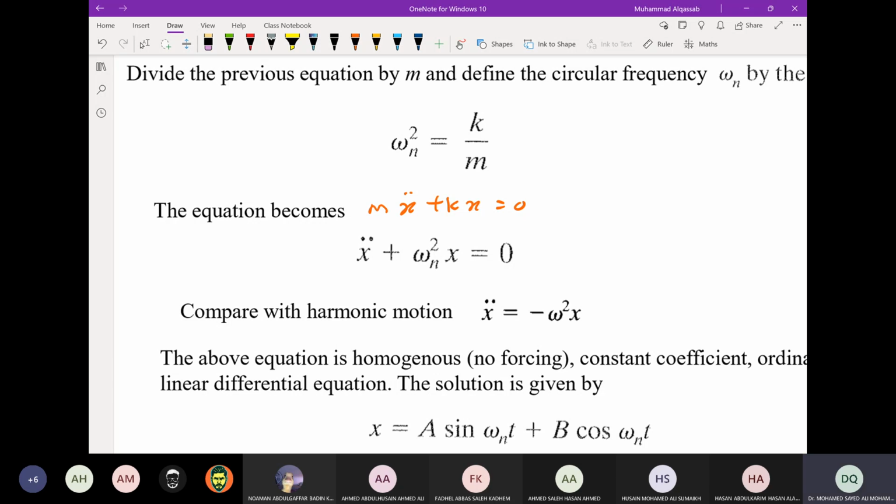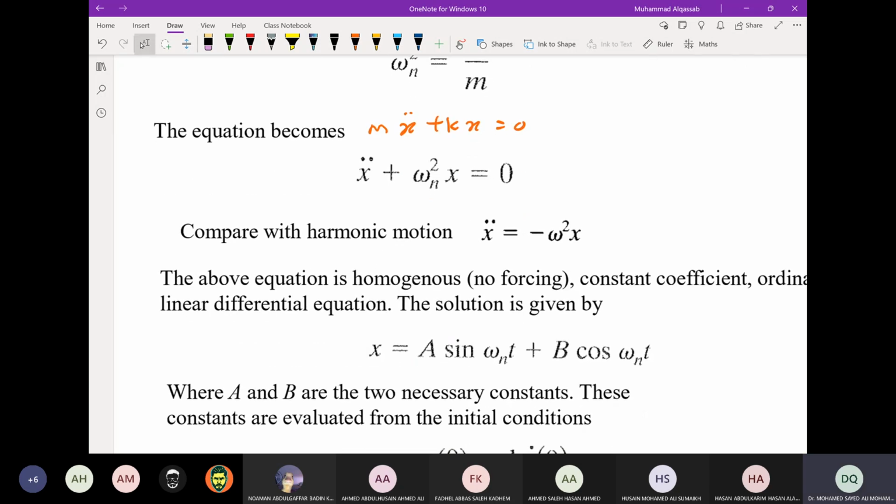The solution to the differential equation is the second approach that we need to do. But the first thing, after evaluating the differential equation, you have reached the goal. The first goal we set for ourselves is to find the natural frequency.